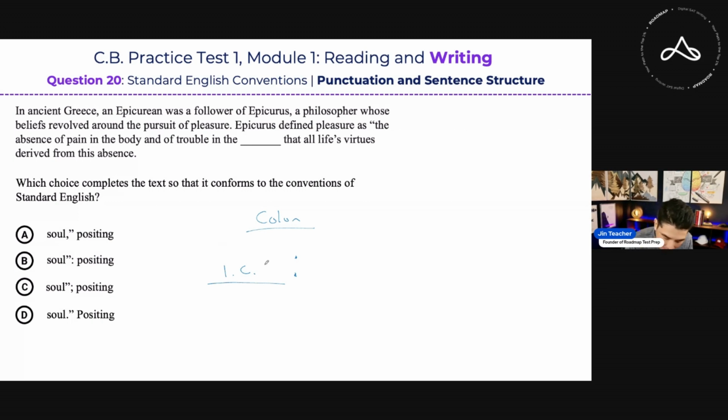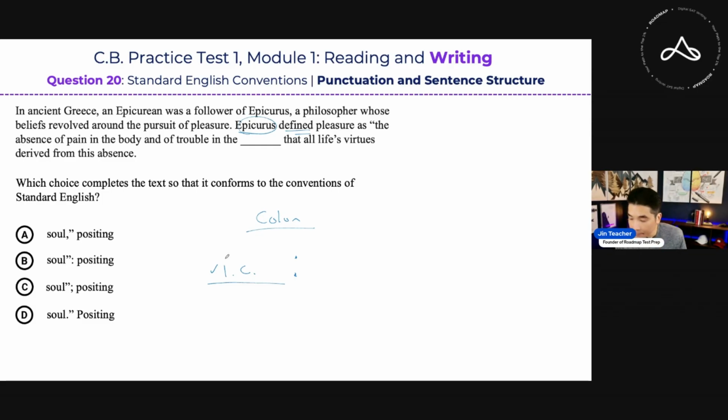So if we check here, Epicurus is the subject, defined is the verb, right? He defined pleasure as the absence of pain in the body and of trouble in the soul. So boom, that's a complete sentence. We have a subject, verb, and a complete thought. So we do have an independent clause. Okay. So what's the second thing that you have to check for?